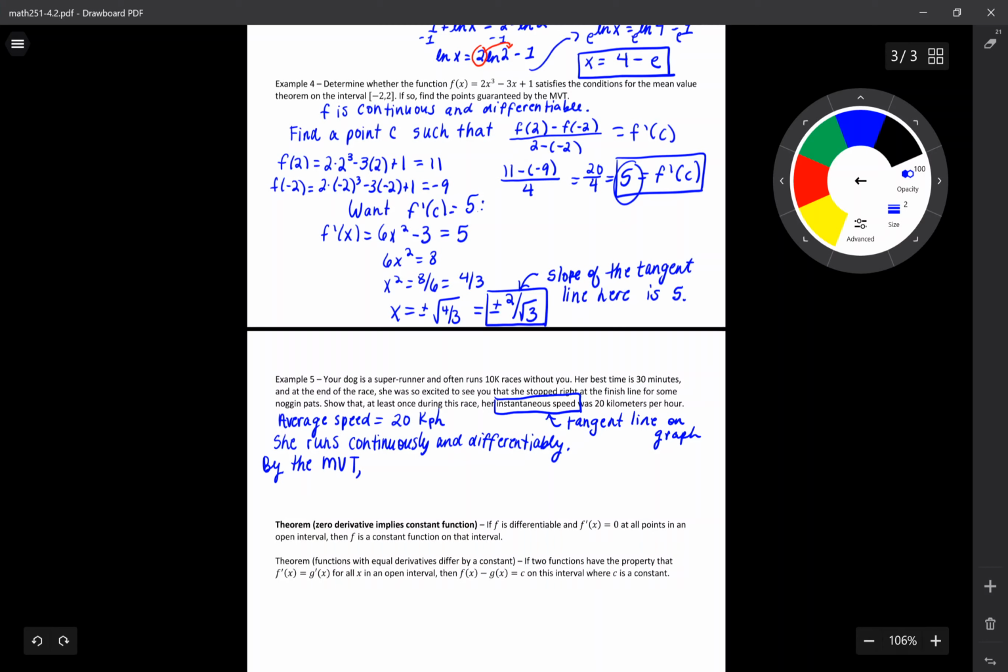at some point, her instantaneous speed, or the tangent line on the graph, is equal to her average speed, which is 20 kilometers per hour. At some point, her average speed, remember average speed is like the secant line, will equal her instantaneous speed.